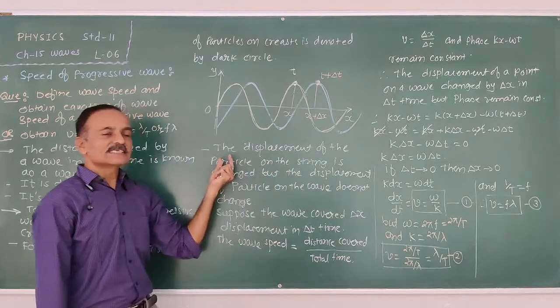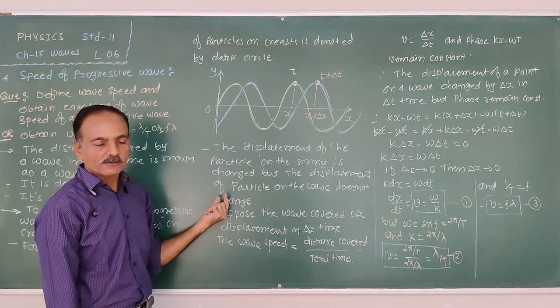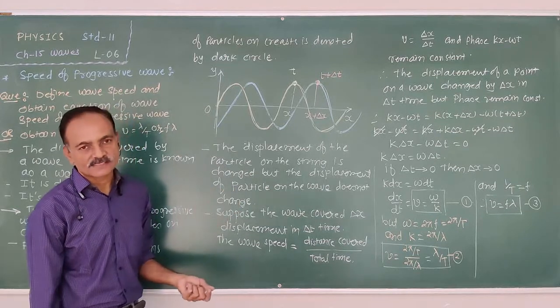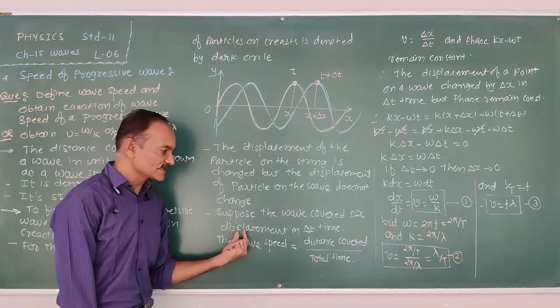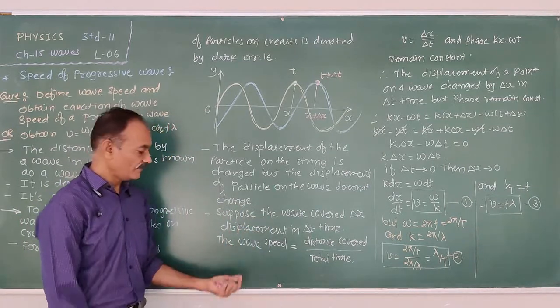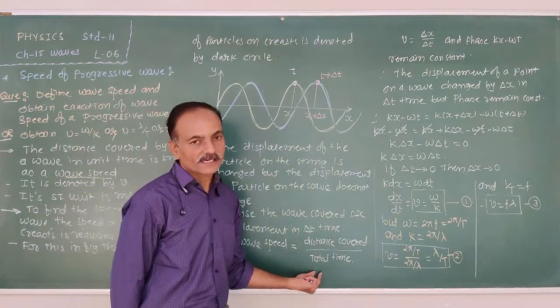Now listen, the displacement of the point on the string changes, but the displacement of the point on the wave does not change. Suppose the wave covers delta x distance in delta t time. Therefore, the wave speed is distance covered upon total time.